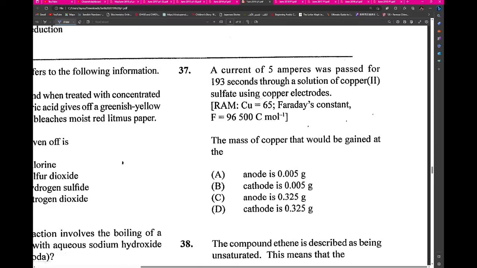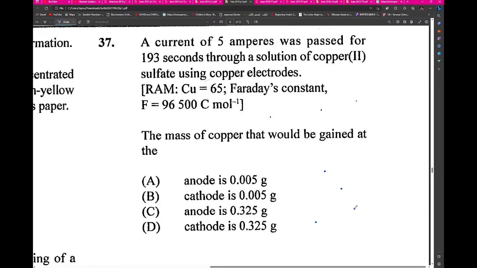For this equation, we have to use Faraday's law. Faraday's law states that the amount of copper produced is proportional to the current that is passed through it.